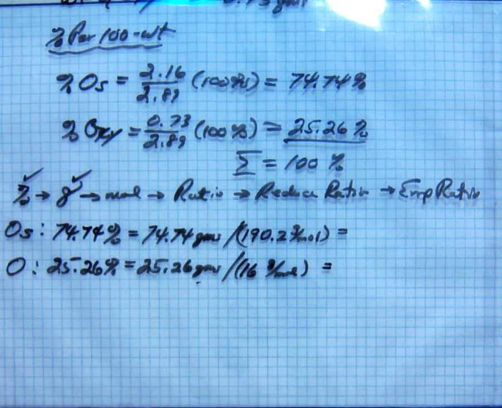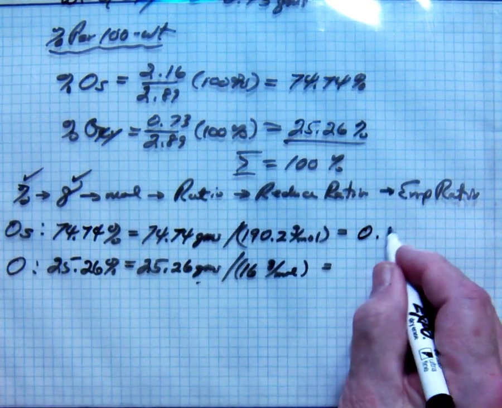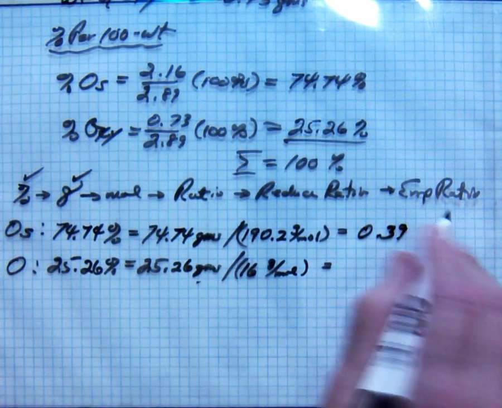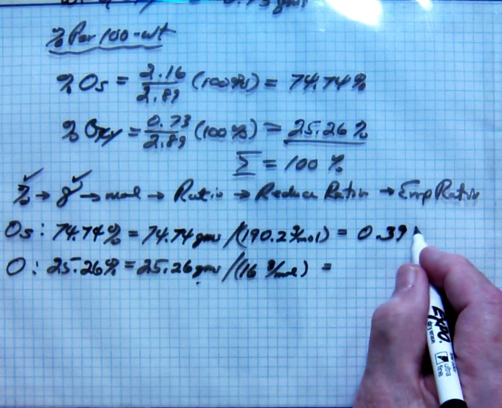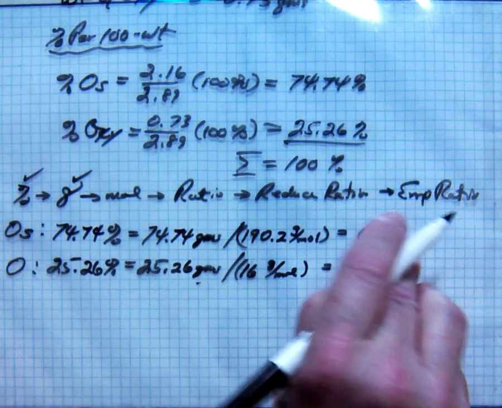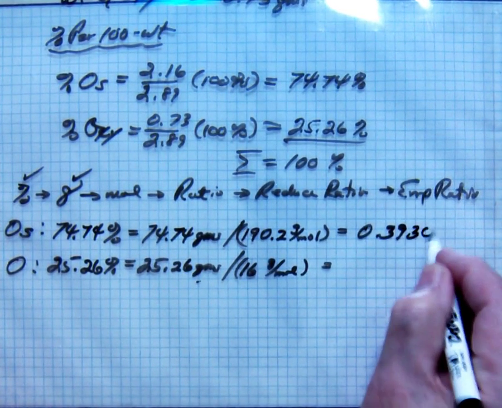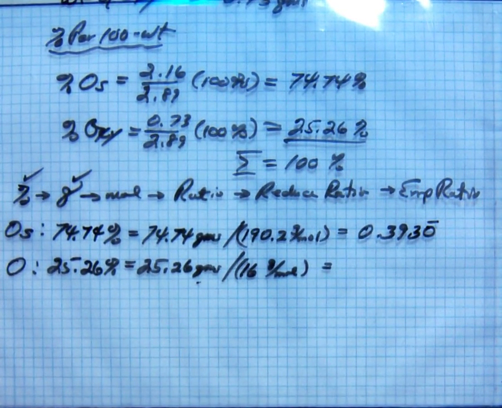Okay? So 74.74 divided by 190.2 equals 0.3930. If you work it out, you'll see what I'm talking about. Just leave that one significant digit on the end down there. I always carry out 4 digits, and I'll show you why in a second.